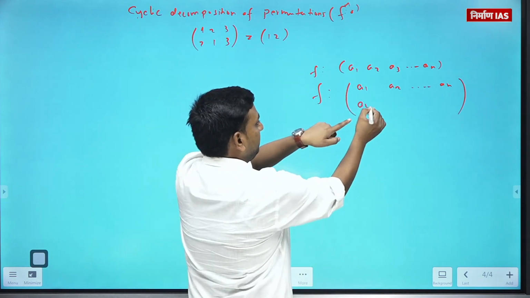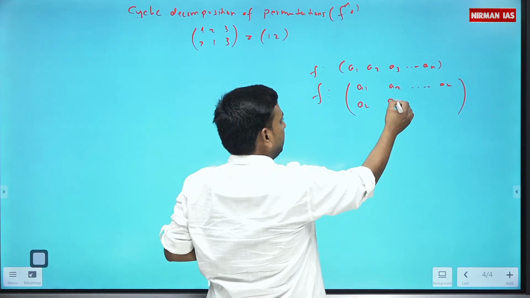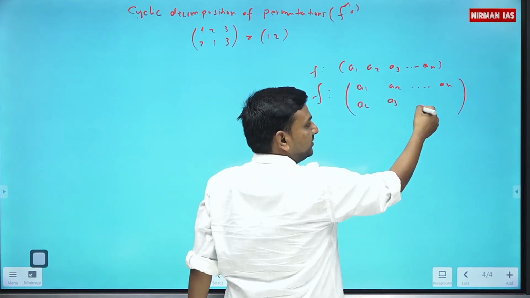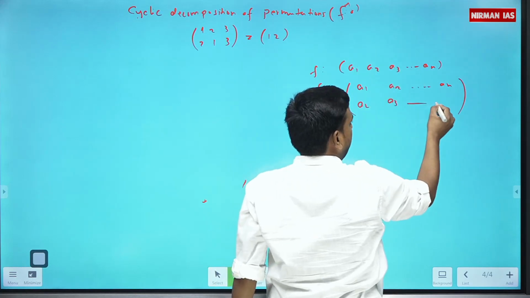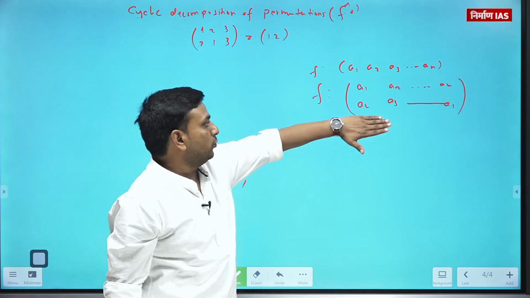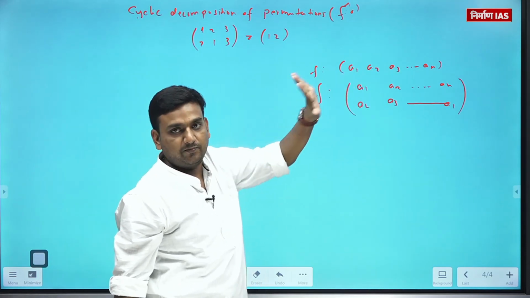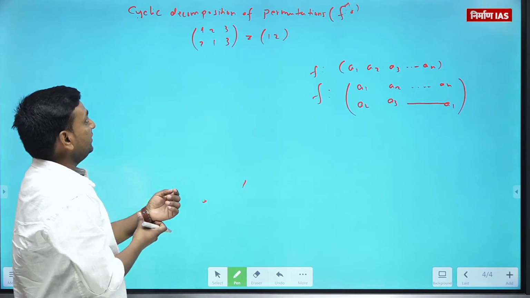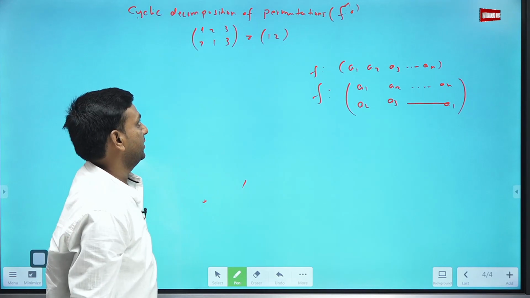So the image of A1 under the function F is A2, the image of A2 is A3, the image of A3 is A4 and so on, and the image of AN is A1. You getting? So either you write this function or represent it as this cycle. Clear? So this is called cyclic decomposition of some function.